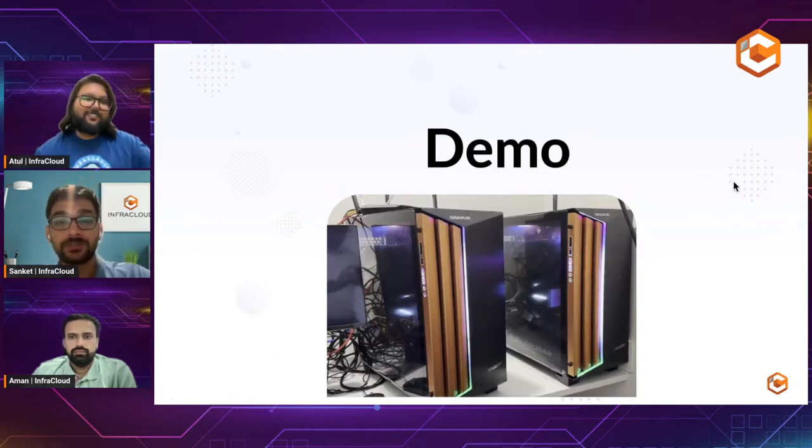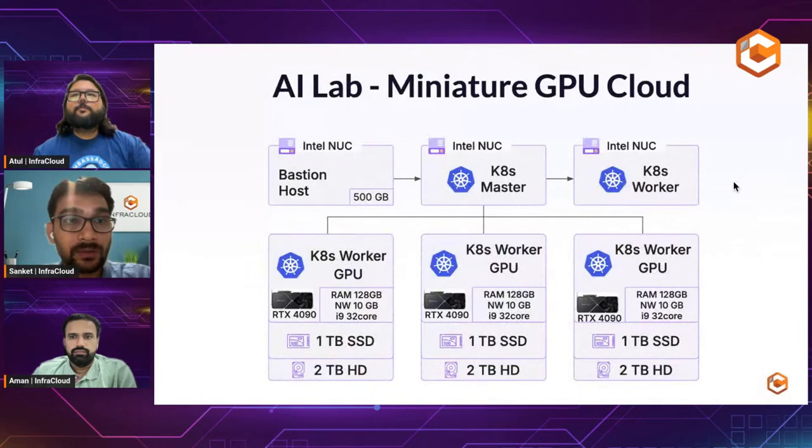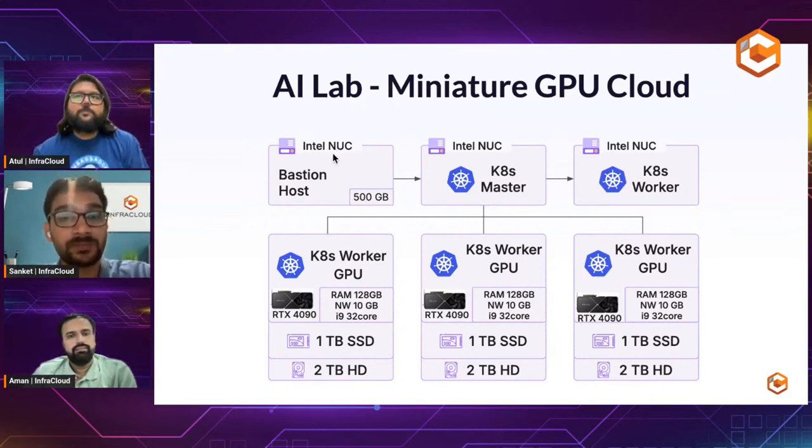So we can do a quick walkthrough. I think we have introduced our lab in the last webinars. Essentially, right now we have, let's say, 3 machines with GPUs, RTX 4090 cards, and this is more like a miniature lab that we have built out. If you're interested in knowing more details about the lab, definitely go through our previous webinars.